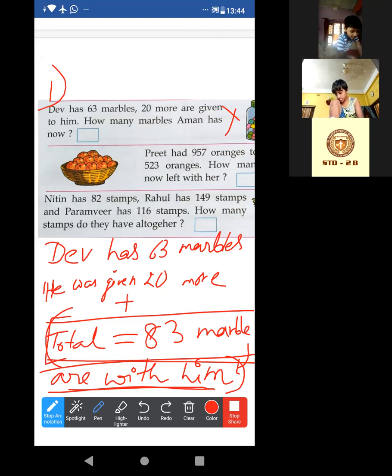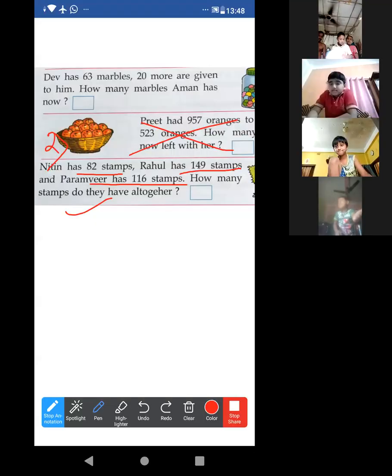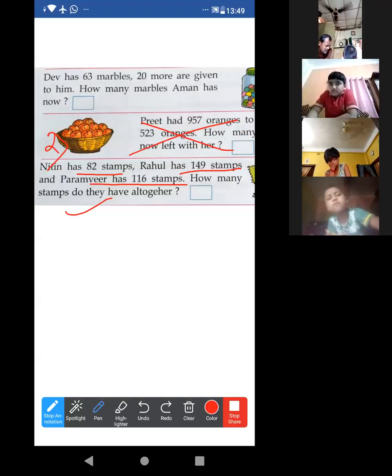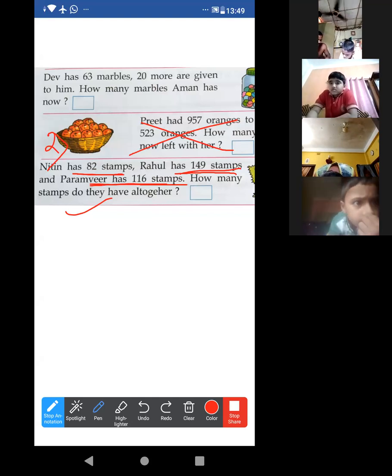I'm waiting for 1 minute. Within this 1 minute, you have to complete it. Over there, Nitin has 82 stamps. Rahul has 149 stamps and Paramveer has 116. How many stamps do they have all together? All together means what? Total means addition. Yes, so shake your head if yes.